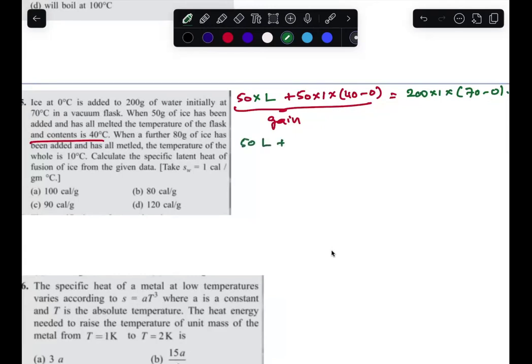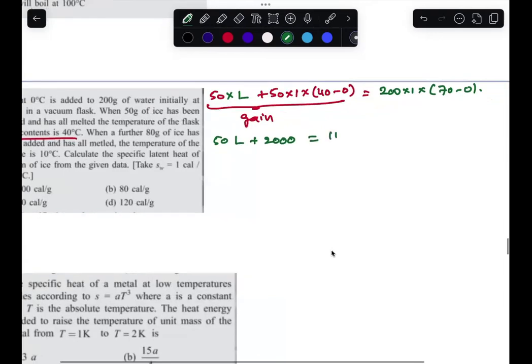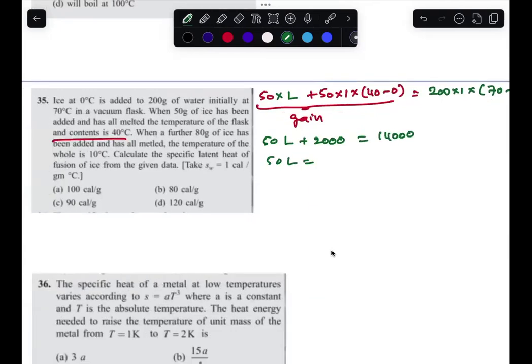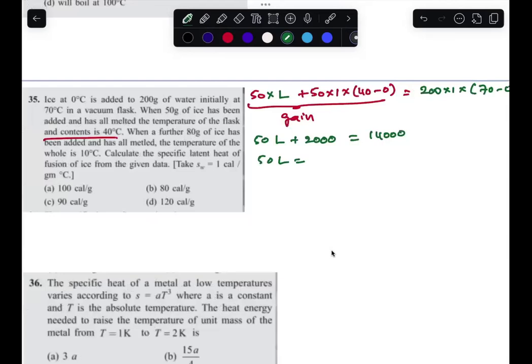50L plus 2000 is 14,000. So 50L is, see, may I assume, I think 50 grams at 0 degrees centigrade melts and then is heated up to 40, right?